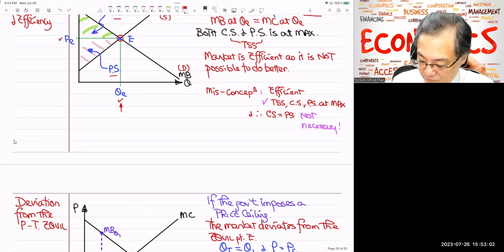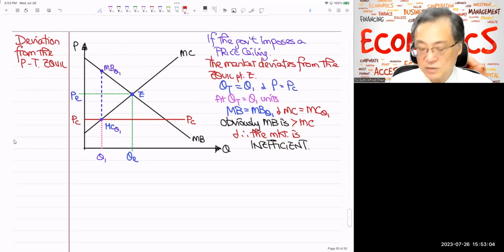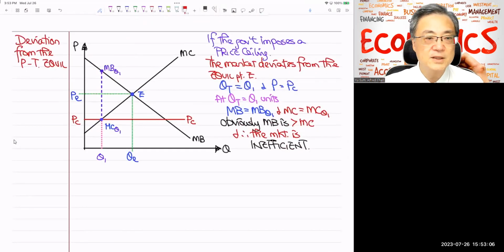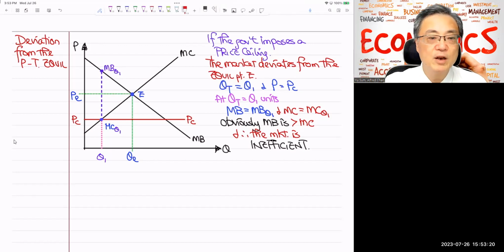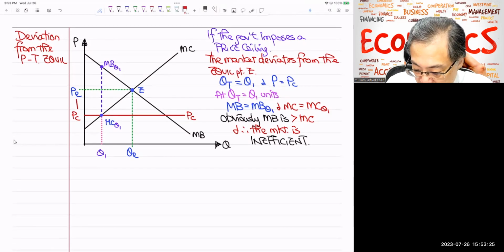Now, finally, deviation from the price-taking model equilibrium. As I've said, the government imposes a price ceiling. I hope you still remember what a price ceiling is. The price is well below the equilibrium price. The equilibrium price is PE.